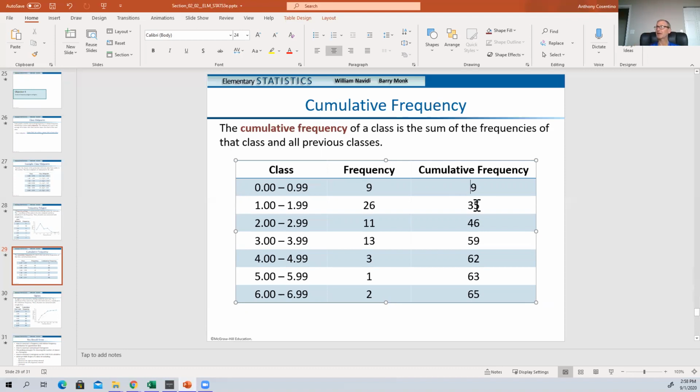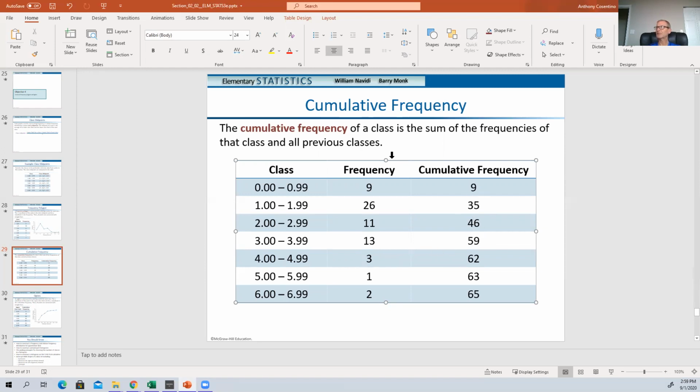Then the second entry is this 9 plus 26, which gives us 35. The third entry is 35 plus 11, which gives you 46. And the fourth entry is 46 and 13, which gives you 59. And so you kind of zigzag the addition around.